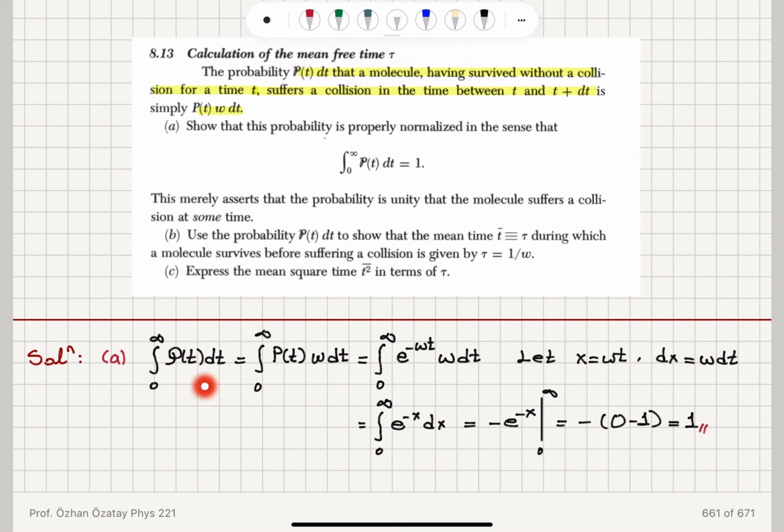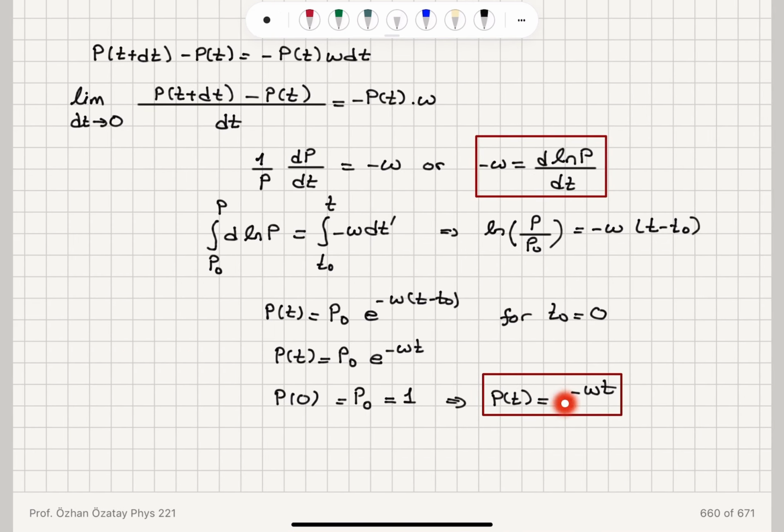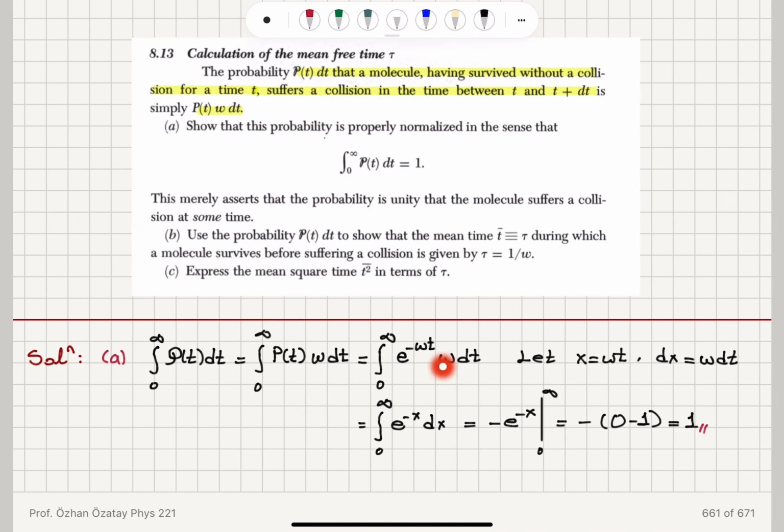Now, this probability of suffering a collision in some time integrated between 0 and infinity is the probability p of t, which was shown to be e to the minus omega t in the previous problem, times omega dt, integrated. When we set x equals omega t, dx equals omega dt.